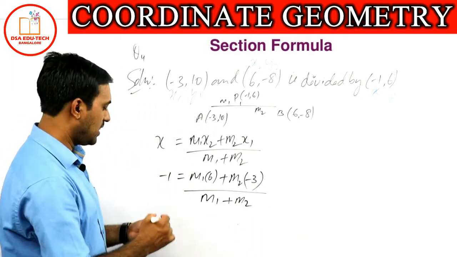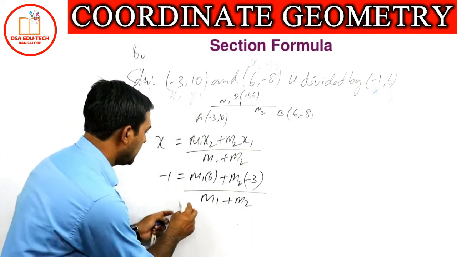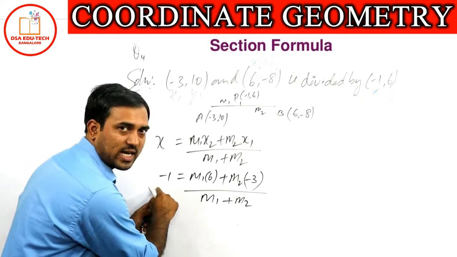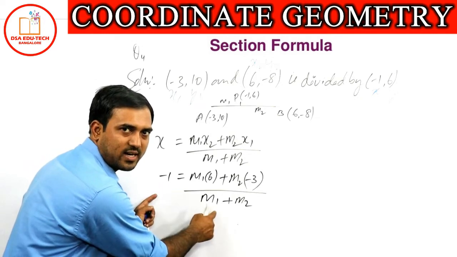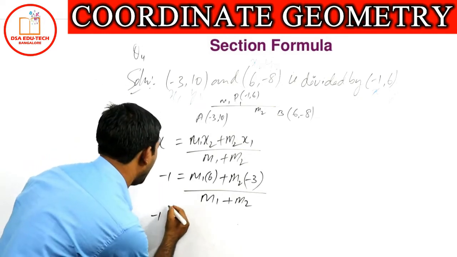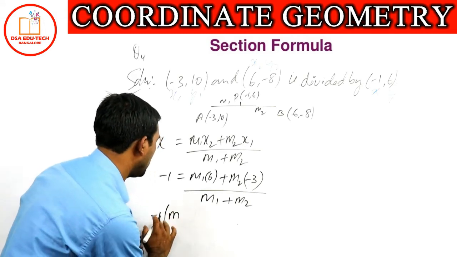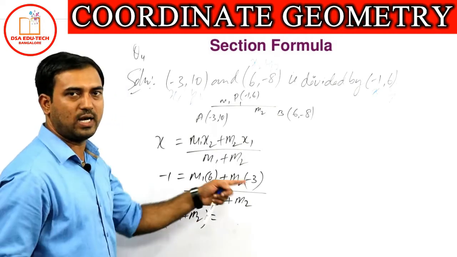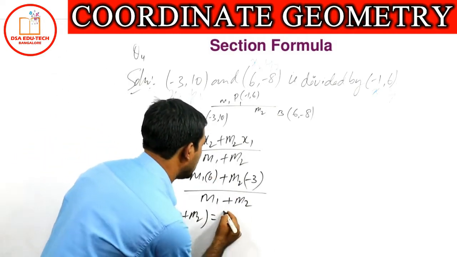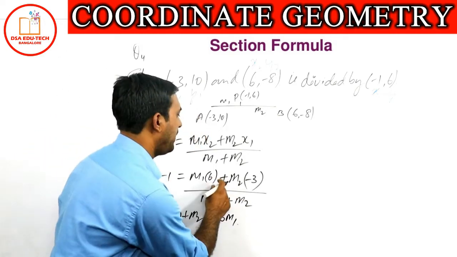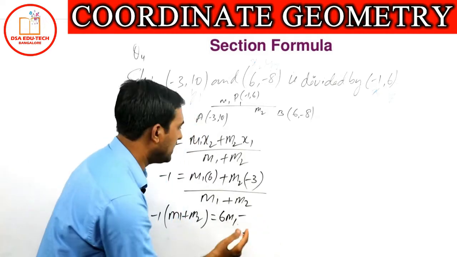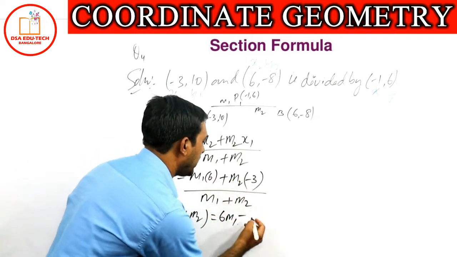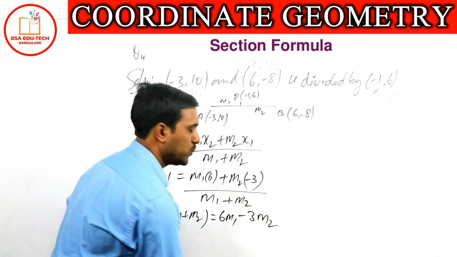Clear? Now next, this denominator I can take to the other side. It will get cross multiplied, right? So minus 1 into (m1 plus m2) is equal to m1 into 6, which is 6m1, plus m2 into minus 3, which is minus 3m2.